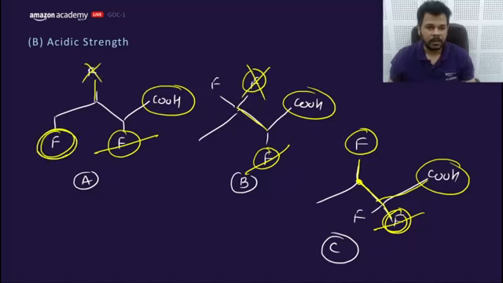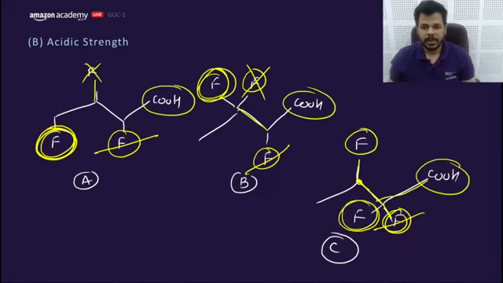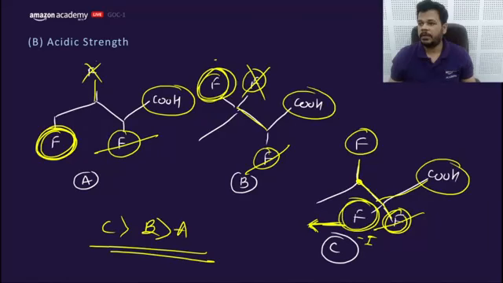The remaining fluorine will show the resultant effect. This shows more nearby effect. That means minus I of this fluorine would be more compared to this, and that means the answer would be C, B, and then A. Very good.